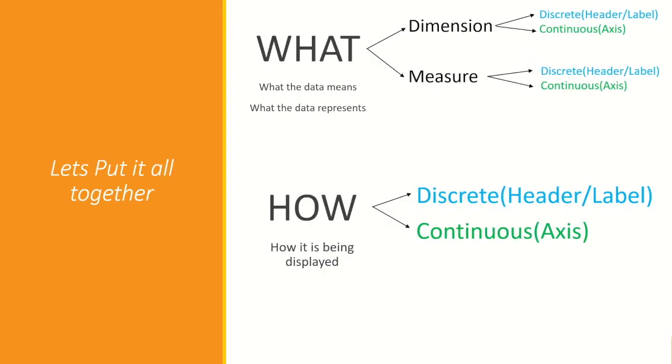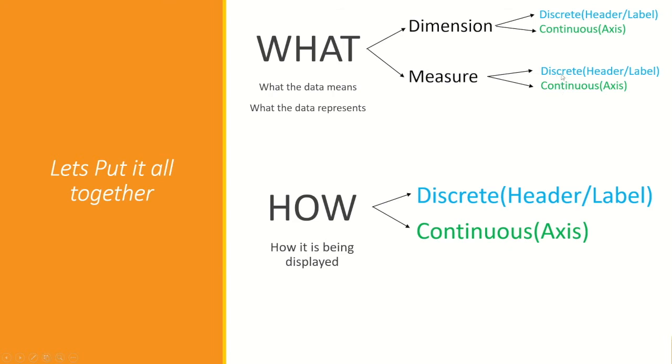So now let's put it all together. So what and how? What does the data mean? What does the data represent? It is shown by dimensions and measures. And a dimension can be a discrete value or it can be a continuous value. If it's a discrete value, it is used to show headers or labels. When it's a continuous value, it will show us the axis. Same way, measure can be discrete and continuous.